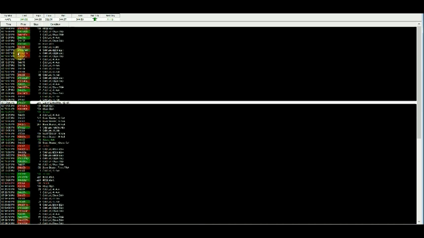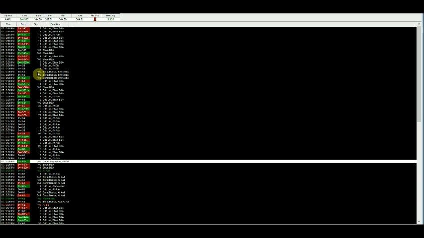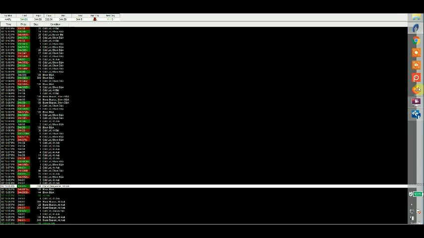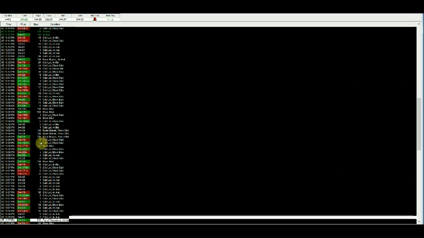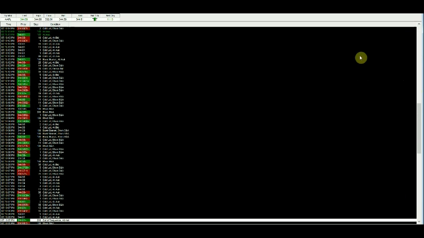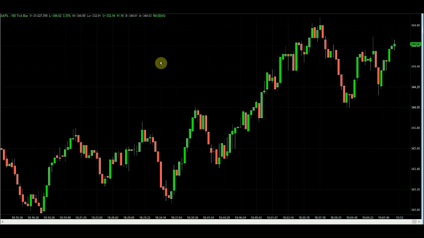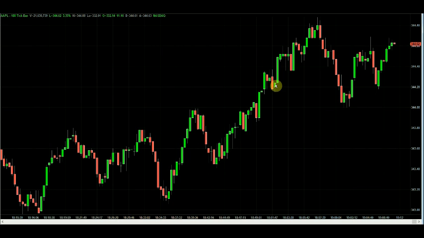You can see here on the time and sales which ones are 100. Let's stop and scroll. You can see that's a tick. None of these would be a tick because they're all under 100, but that's a tick, that's another tick, tick, tick, tick. It only counts those trades, because any smaller than that don't count as a tick.